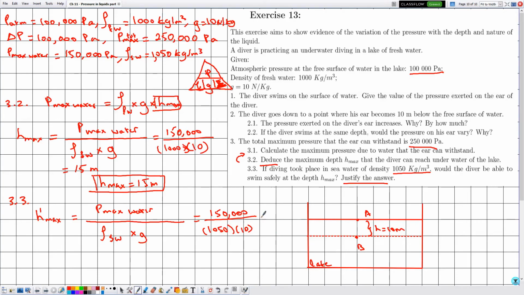Now plugging this fraction into the calculator, H prime max is 14.29. Since all of these quantities are expressed in SI, H prime will be expressed in SI.